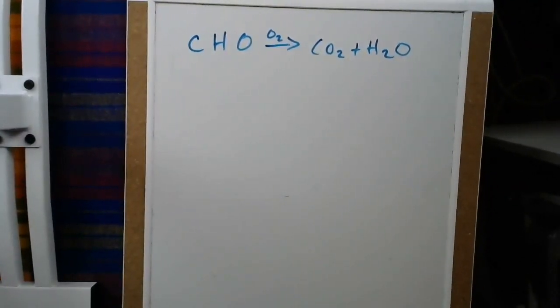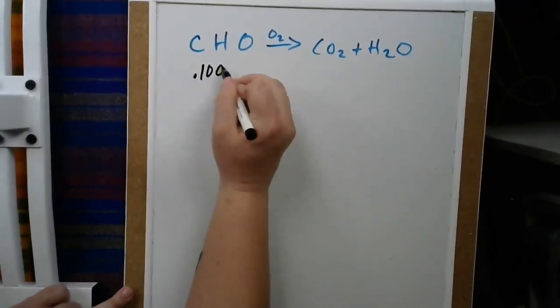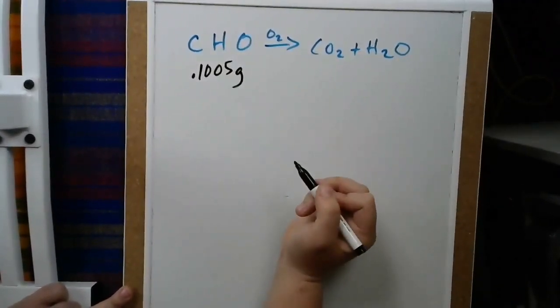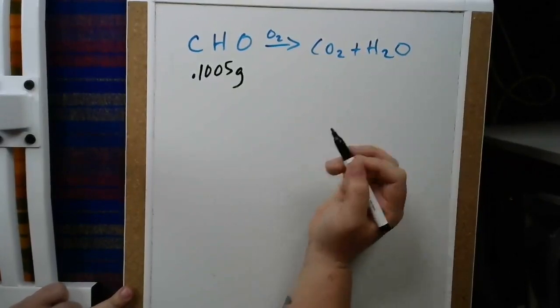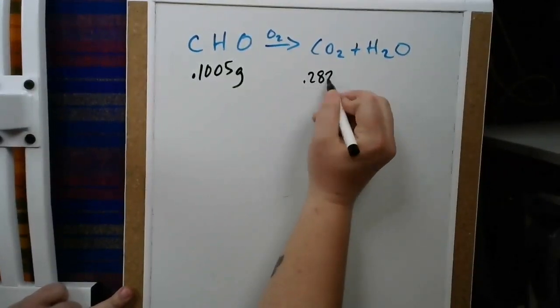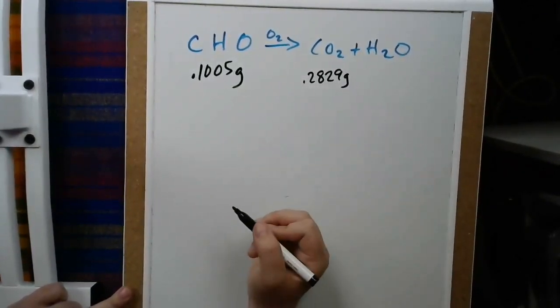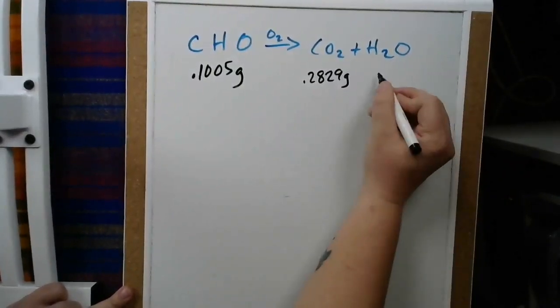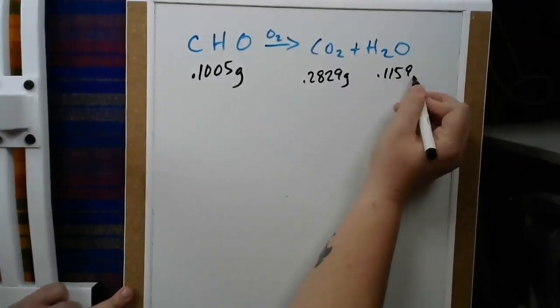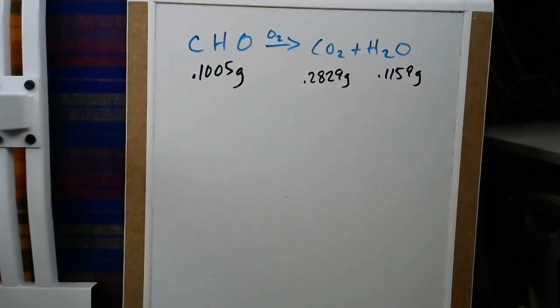And specifically, we have a 0.1005 gram sample, and it produces 0.2829 grams of CO2 and 0.1159 grams of H2O.